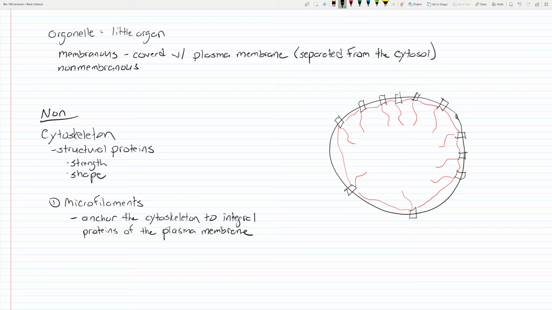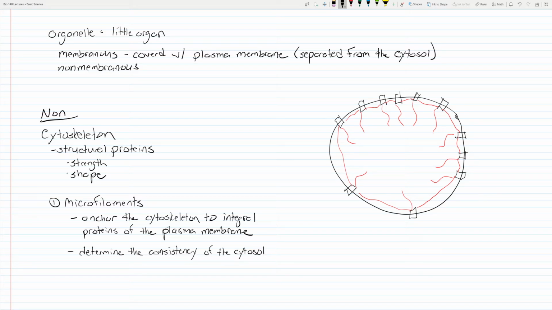That's the anchoring portion. They attach to other things, other cytoskeletal elements in the cell itself. An interesting thing about microfilaments is what has been discovered is they determine the consistency of the cytosol.